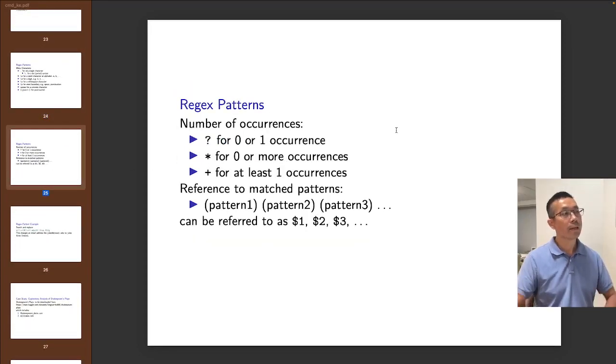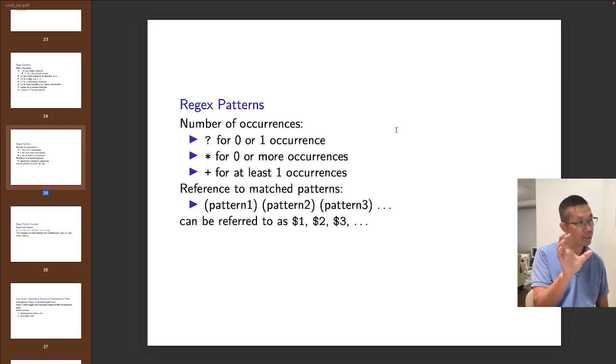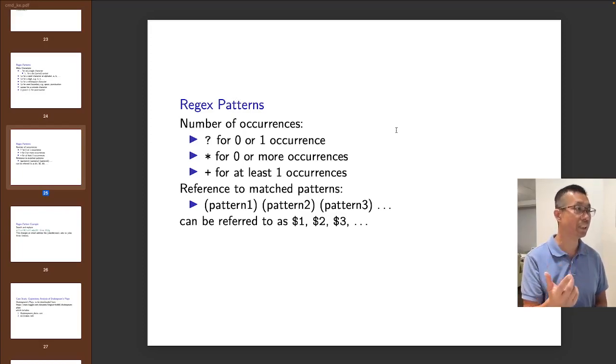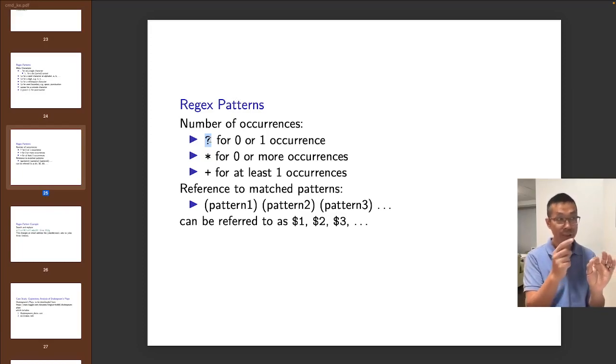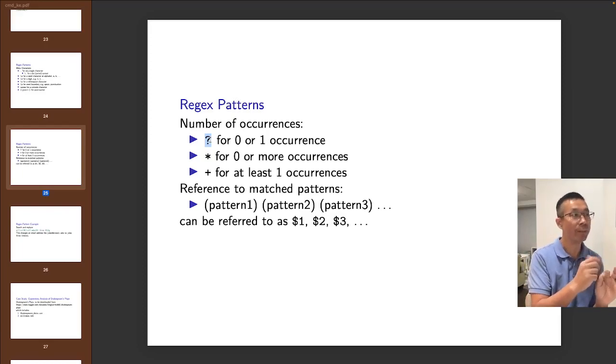Now, in regular expressions, you can also express how many times this symbol or this part of the pattern should repeat. So for example, if you put a question mark after something, it says I'm looking for either 0 or 1 occurrence. So the thing you're looking for may not occur or may occur only once. If you put a star after it, it's searching for 0 or more occurrences.